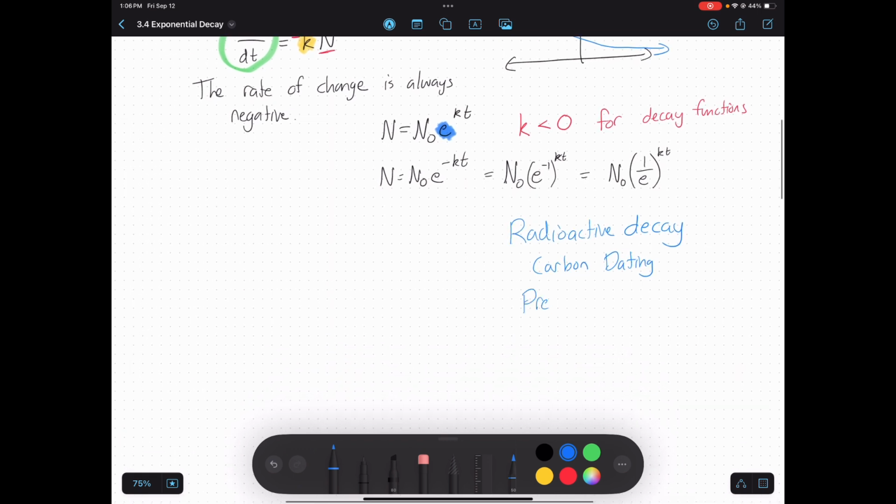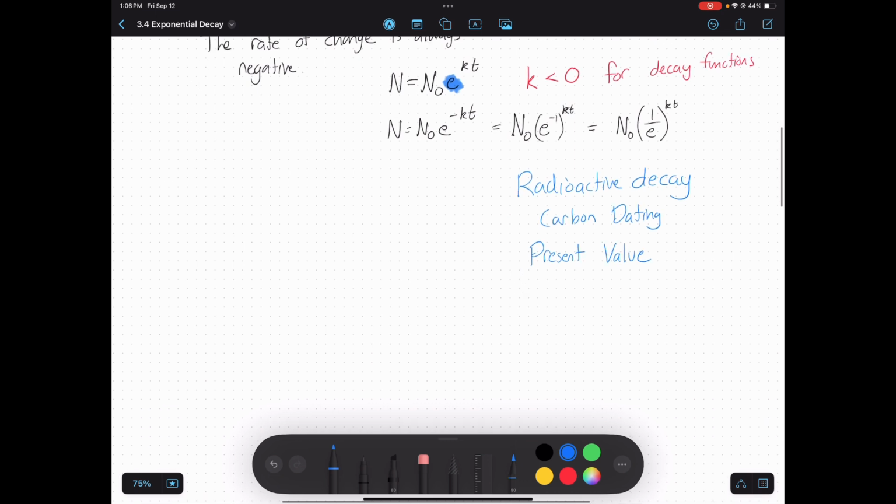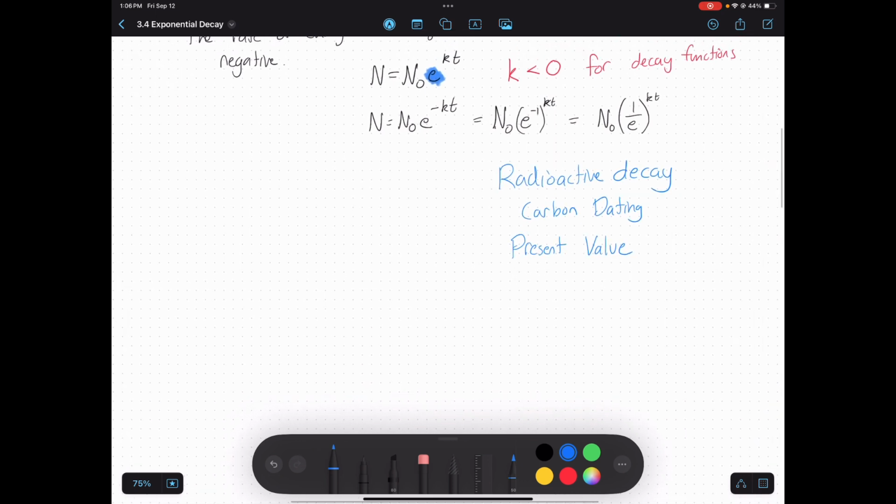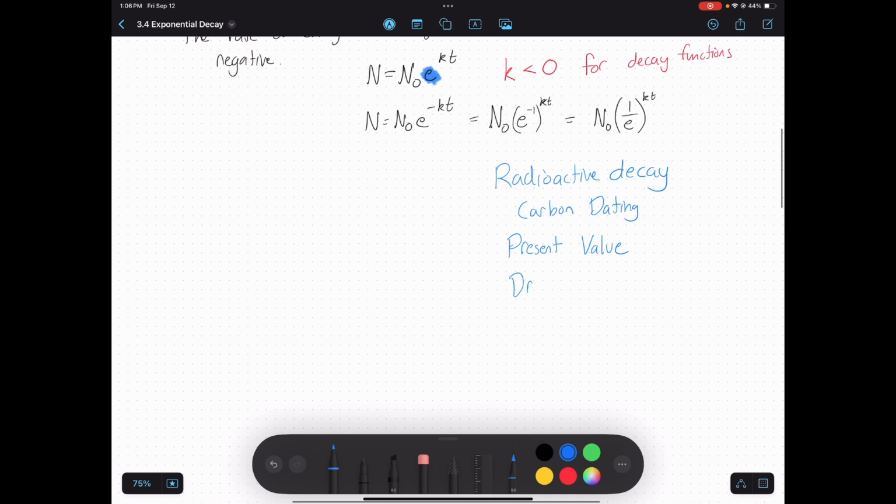We're still going to talk about a financial model, and so we're going to talk about something called present value, which is still dealing with interest but looking backwards. Drug concentration is another great example of exponential decay. And cooling objects that cool down, you can model using an exponential function.